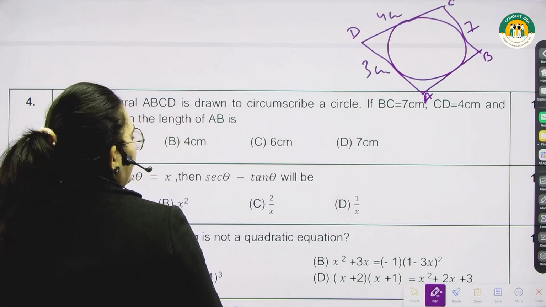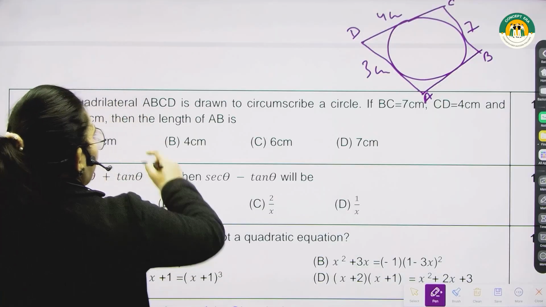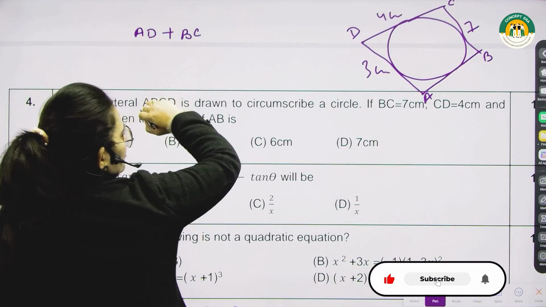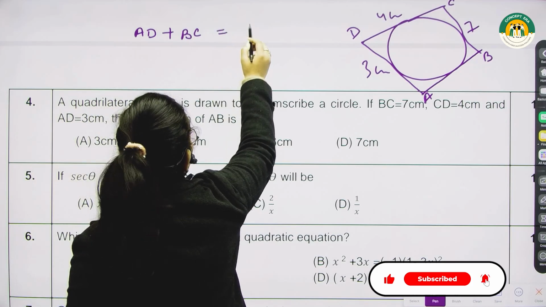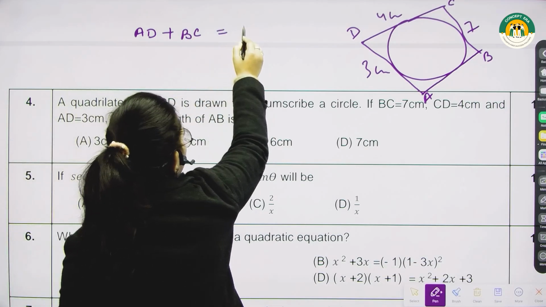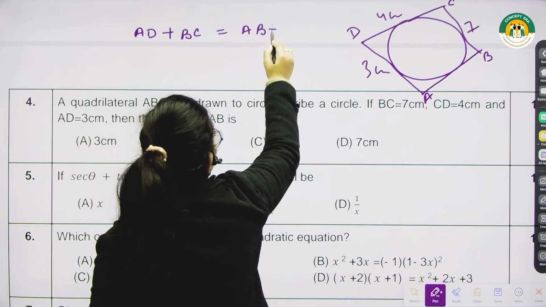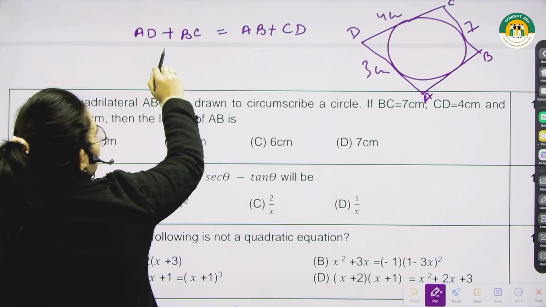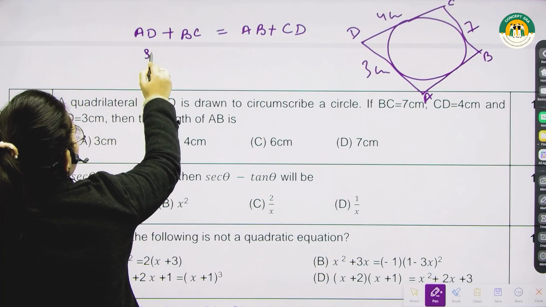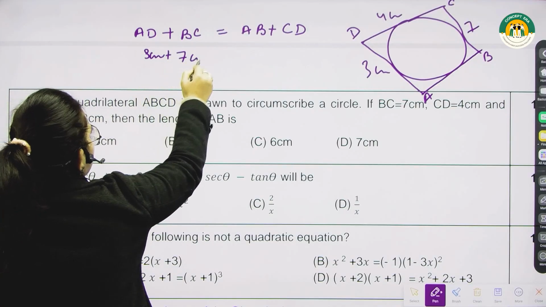As Pitot's theorem says, AD plus BC. The opposite sides of a quadrilateral are equal if the quadrilateral is circumscribing a circle. That means AB plus CD equals AD, which is 3 centimeter, plus BC, which is 7 centimeter.